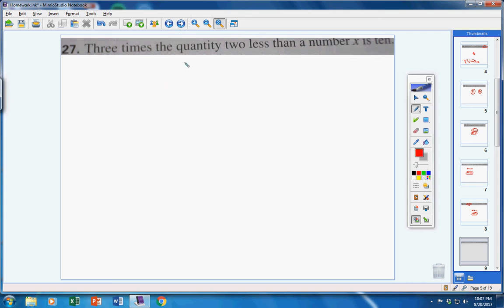Alright, number 27. 3 times the quantity. So this is going to be really tough, so pay attention, okay? 3 times something. Well, notice, students, it's not 3 times the number, it's 3 times a quantity. So I know I have 3 times, so it's going to be a quantity. So I'm going to use parentheses, okay? Now what's in the quantity? 2 less than a number x.